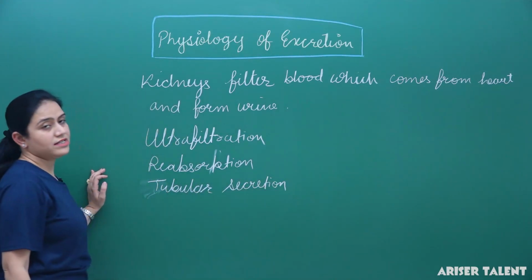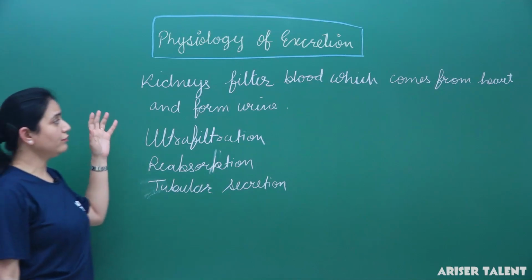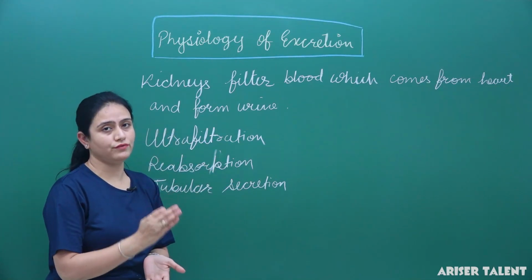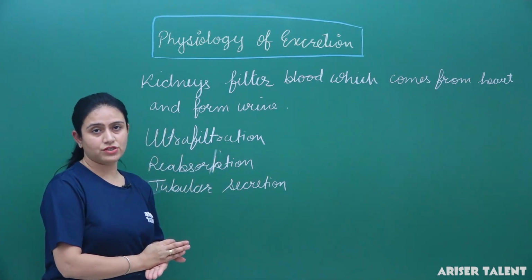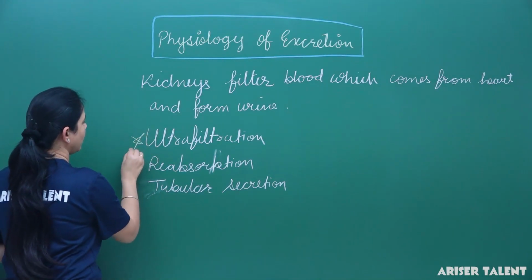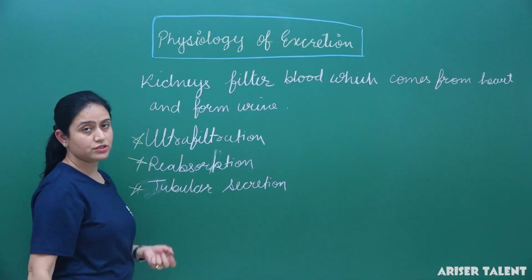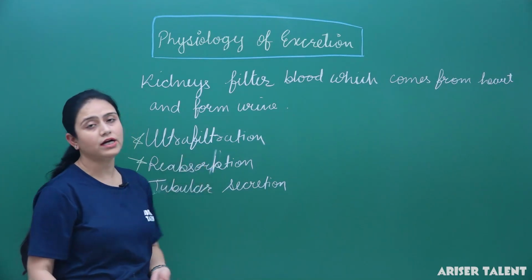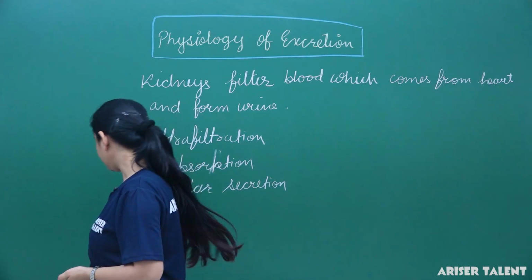So here we can say that the cleaning or filtering of blood and formation of urine completes in three stages. They are ultrafiltration, reabsorption and tubular secretion. So first of all, we will talk about ultrafiltration.